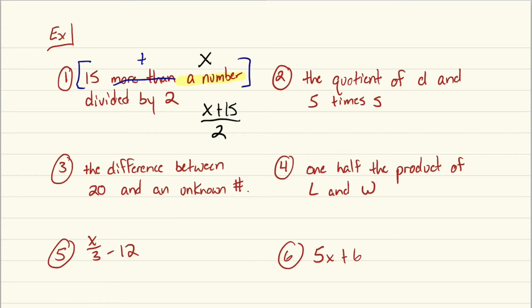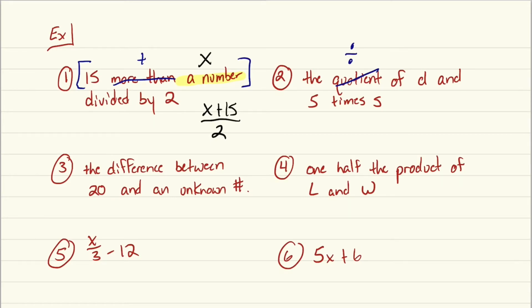Number 2 says the quotient of D and 5 times S. The quotient of D and 5 times S. So, first thing that we know is that quotient is division, right?